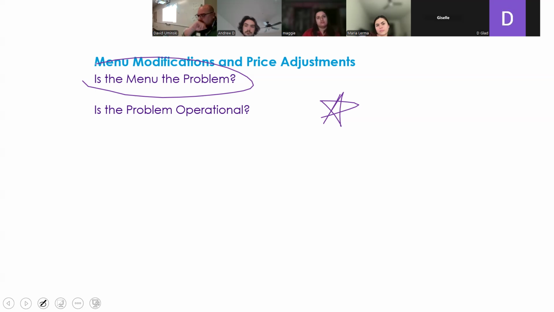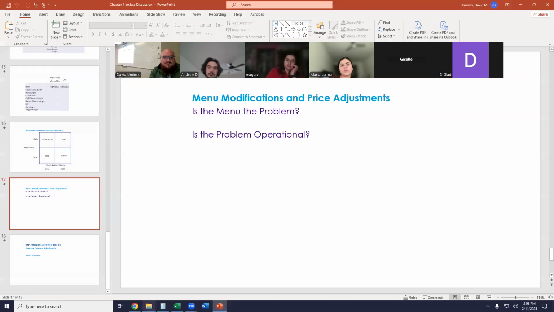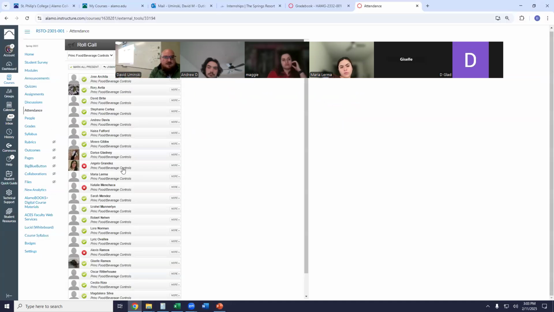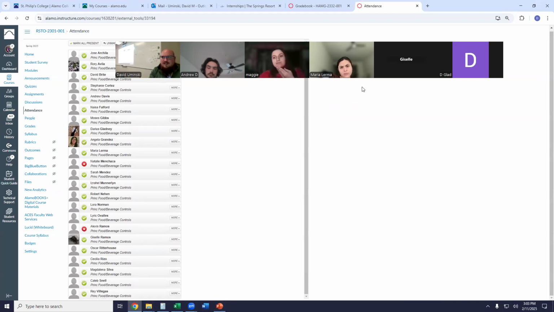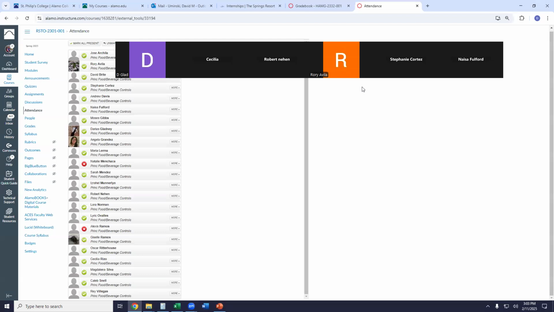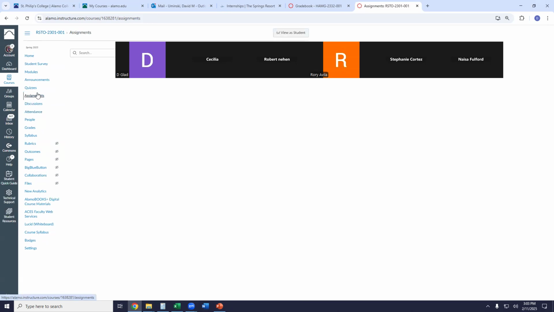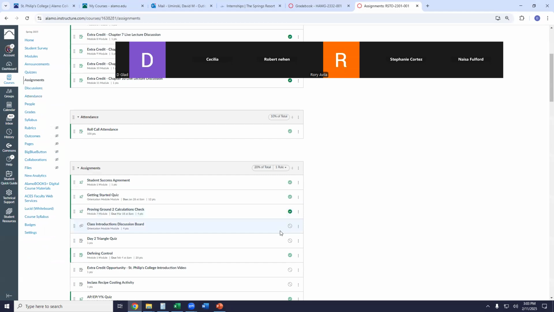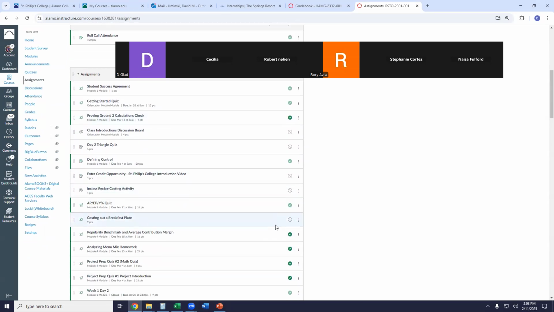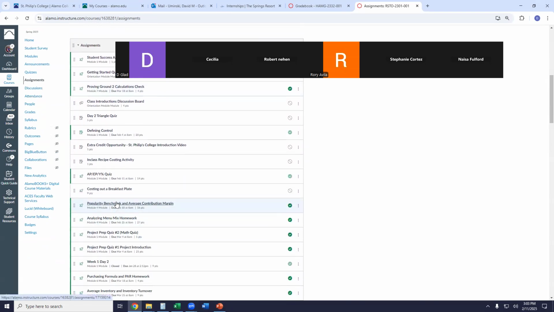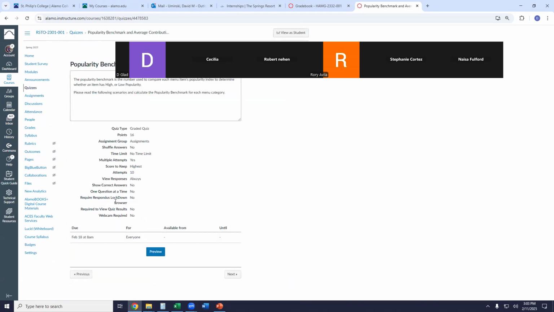Okay. So for Thursday, I am going to change one due date in Canvas. In our assignments, we have this popularity benchmark and average contribution margin.